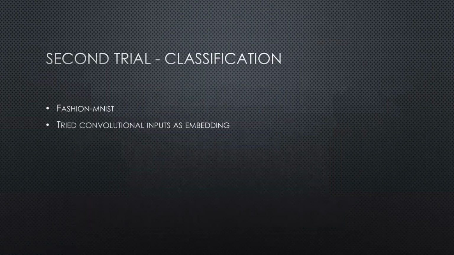And the results were pretty bad. I was like, what's going on here? So I did a second experiment, which is basic classification with the perceiver on Fashion MNIST. I even tried using the embedding space, where you take your inputs and transform them into a different space so the network can do its thing in that space.